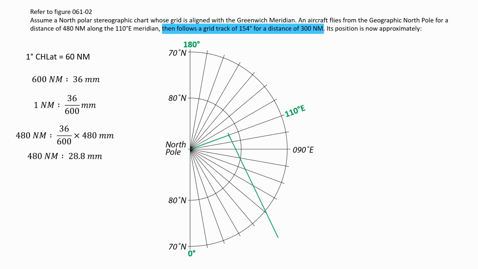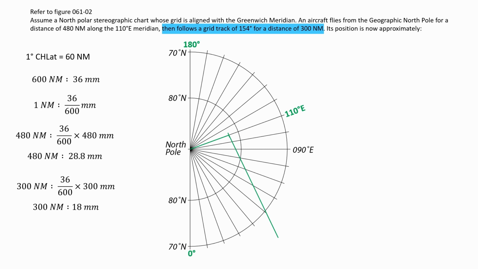Next, we need to find the chart distance for 300 nautical mile Earth distance. 300 nautical mile is equivalent to 36 over 600 multiplied by 300 millimeter. 300 nautical mile Earth distance is equivalent to 18 millimeter chart distance.